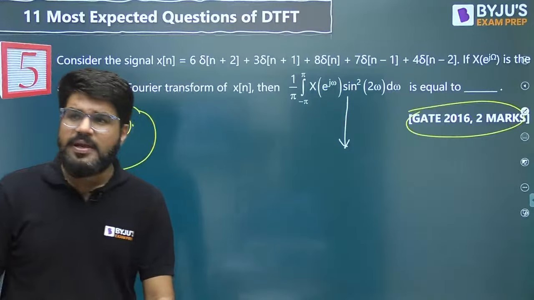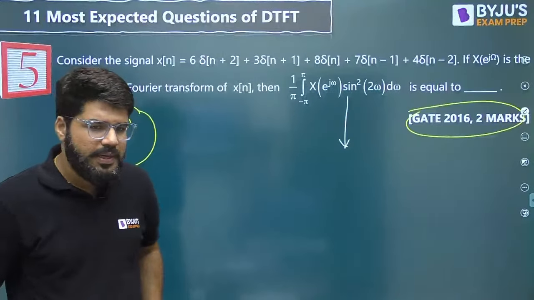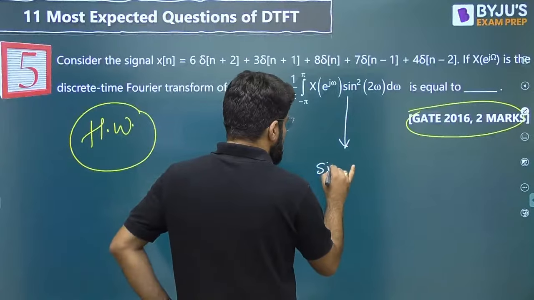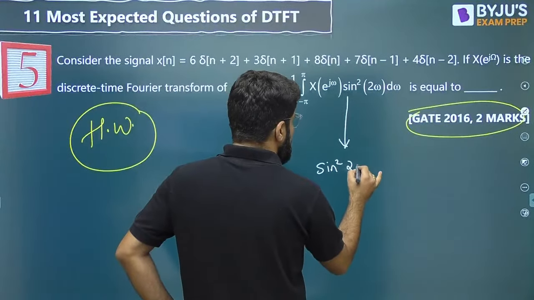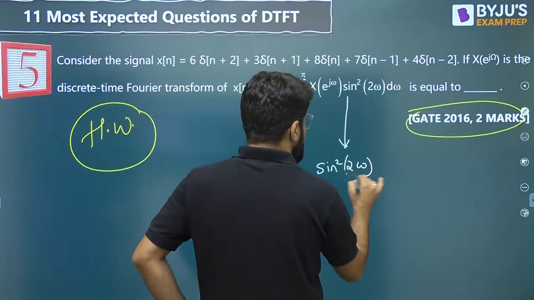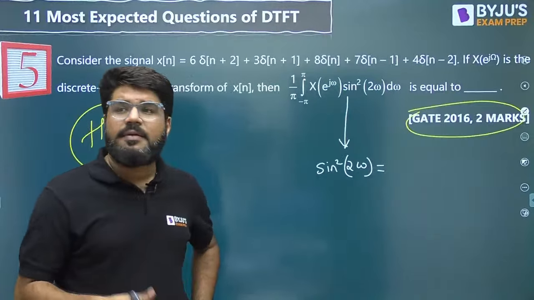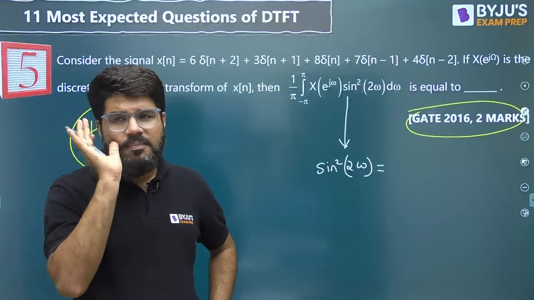You have sine squared 2ω. You can break the sine squared 2ω, either by the trigonometric identity or by Euler's rule.